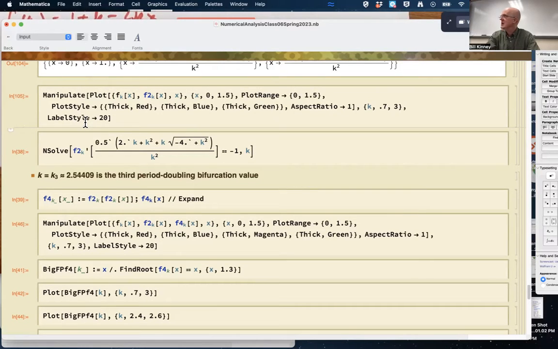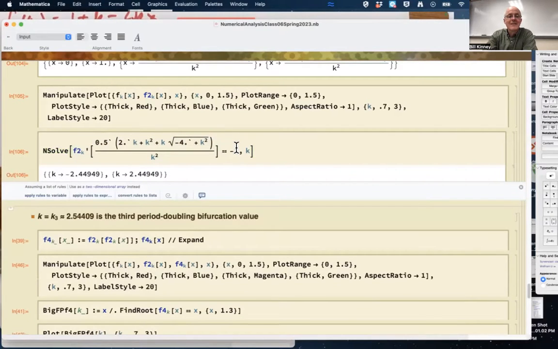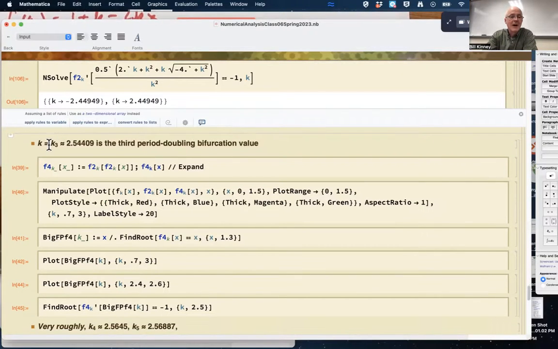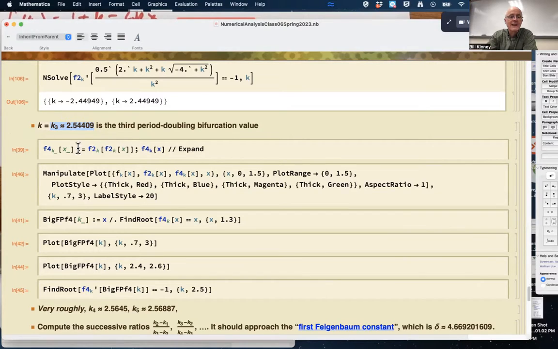Where does the next bifurcation occur? When the derivative of f2 at, say, the bigger period 2 point of f equals -1. Actually, that's where the previous one happens. Where does the next one occur? At about 2.54409.